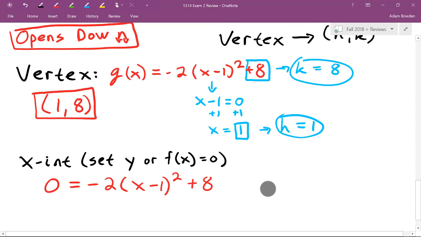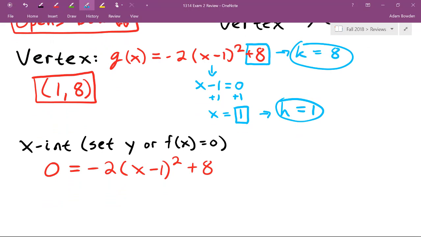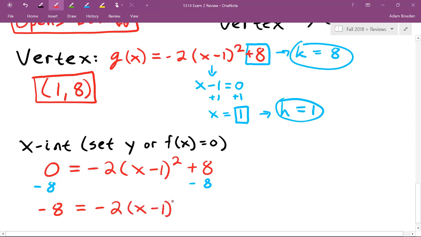Then we need to solve for x. This is not a situation where we can factor because it's not a trinomial. What we're going to have to do is get the part raised to the second power by itself on one side of the equation. So to do that, we're first going to move this 8 over, subtract it from both sides. That gives us -8 equals -2(x - 1)^2.